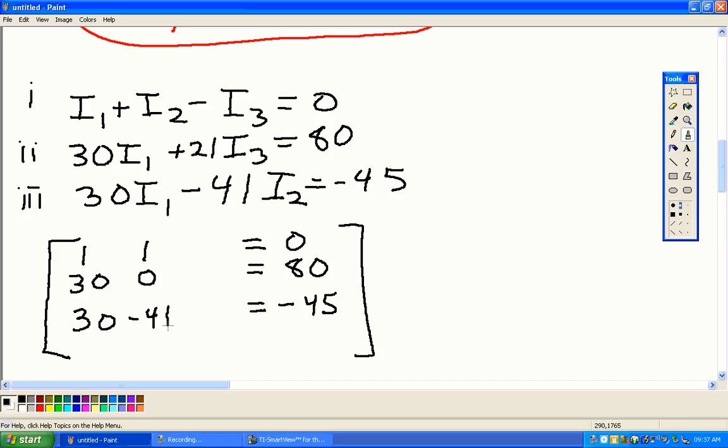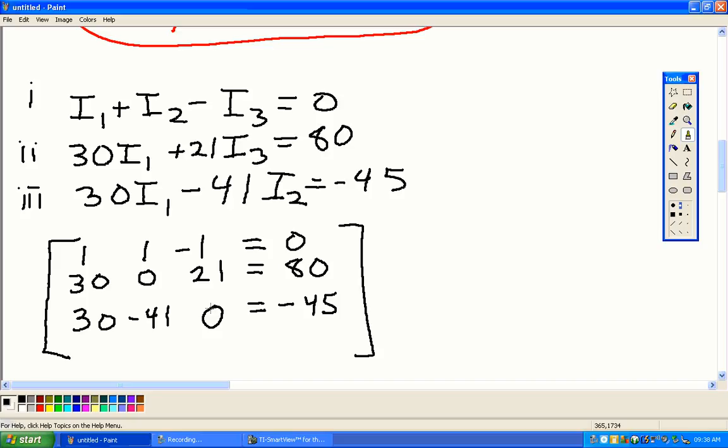And that next column is where I'm going to put the I3s, the third variable. So this is going to be a negative 1. This is going to be a 21. And this is going to be a 0 because I don't have any I3s in that last equation. So these are what we used to call the coefficients.